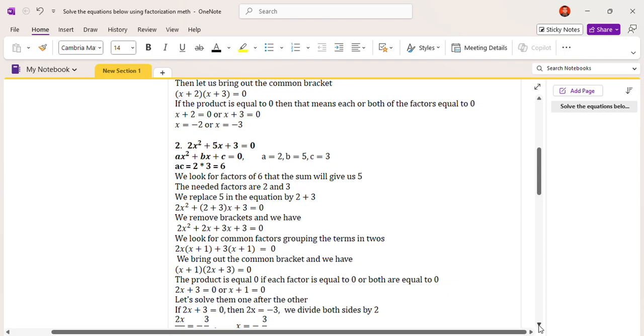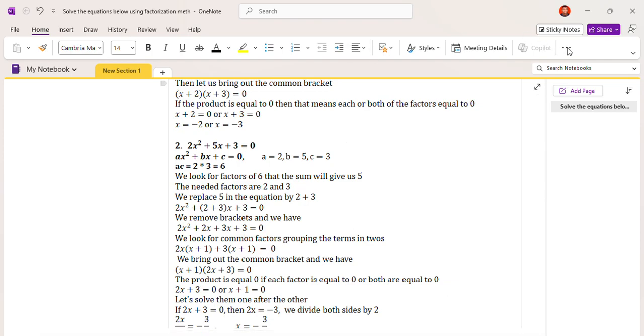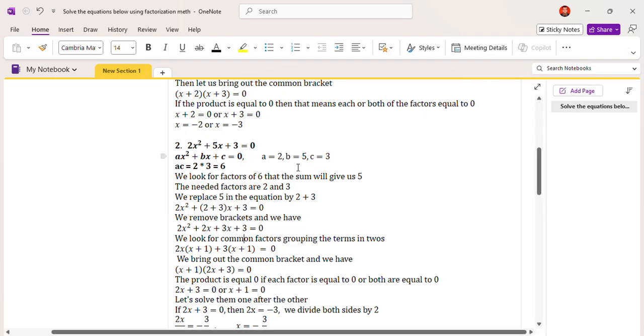Now I wanted to show you something. If this is A times C, and the product A times C equals 0, that means for 2 times another value to be 0, the other value is 0, or for 3 times a value to be 0, the other value is 0, or both values are 0.